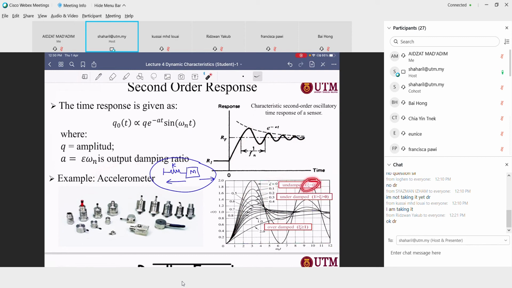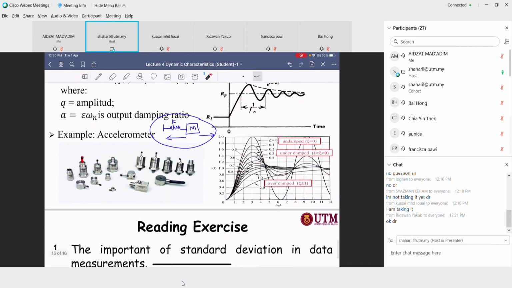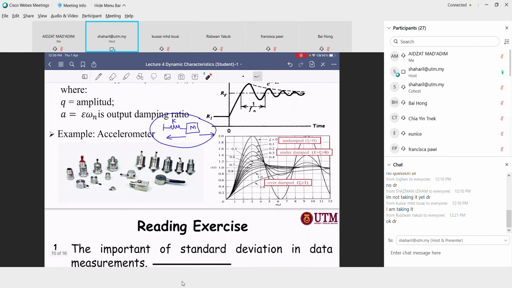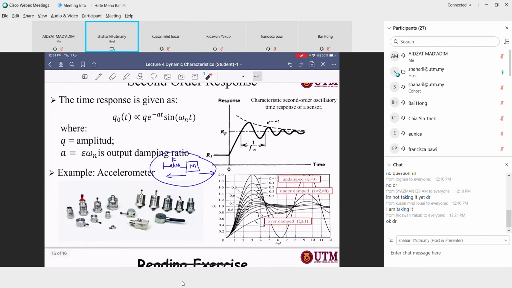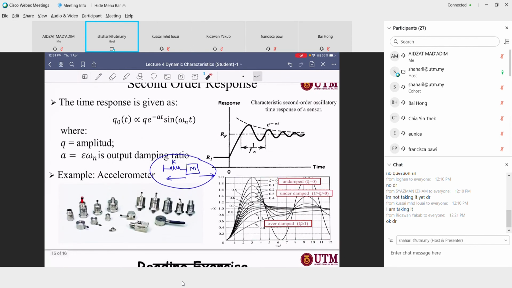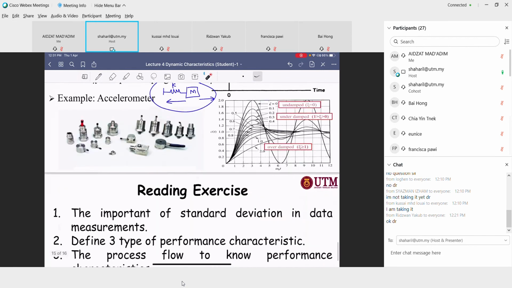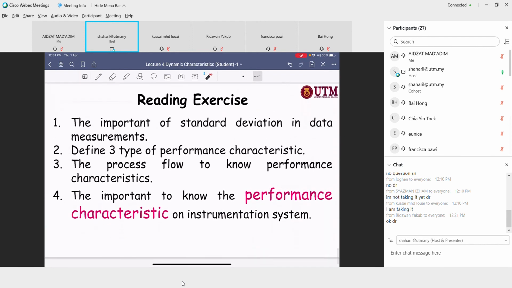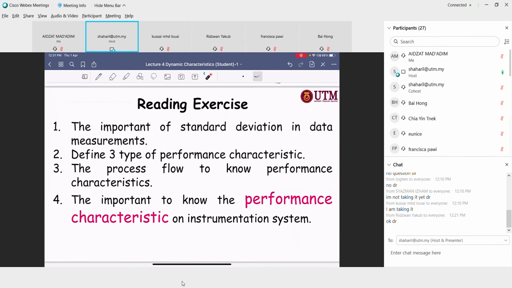So the damping depends on the K and the mass, and also sometimes you get it with the damper, right? So this one should have the damper here, right? So in instrumentation, it is just for your knowledge lah with the accelerometer.